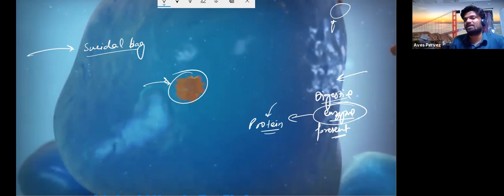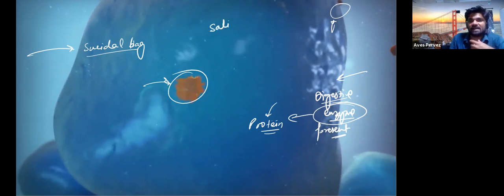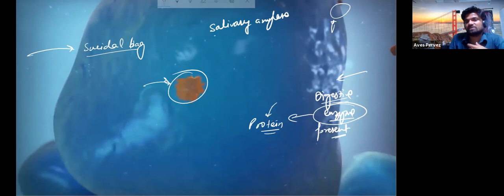For example, if we eat food, we have special protein enzymes in our stomach that help in the digestion of our food. We also have a special enzyme in our mouth, salivary amylase, that is responsible for the digestion of carbohydrates.